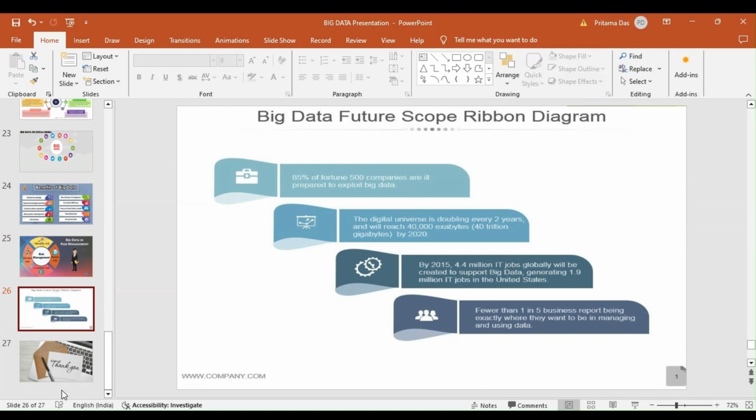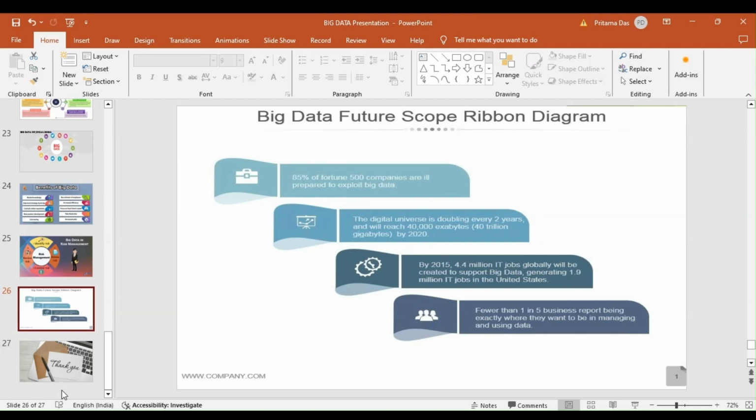And the last one is the future of big data. The future of big data holds several exciting developments, like 5G technology. The widespread adoption of 5G technology will enhance data transfer speeds and connectivity, facilitating quicker and more efficient data processing.